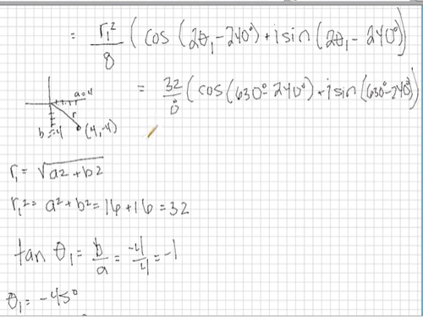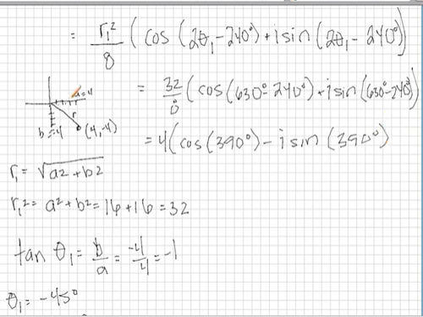Let's go ahead and simplify. Simplifying, 32 over 8 is, of course, 4. And this term turns into cosine of 630 minus 240, which is 390, minus i sine of 390.